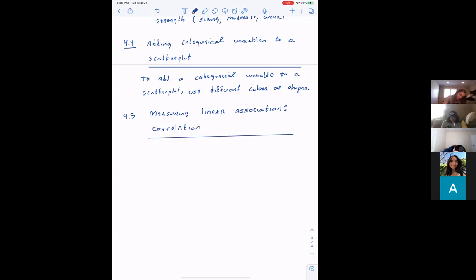So first, it's very important to understand that what we do now, this mathematical technique that we're going to do, measures linear association. If you have a scatter plot that looks like this, would you say that there is some kind of association between the X variable and the Y variable? Some kind of association.